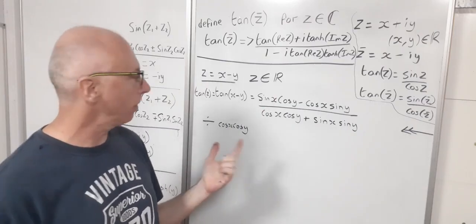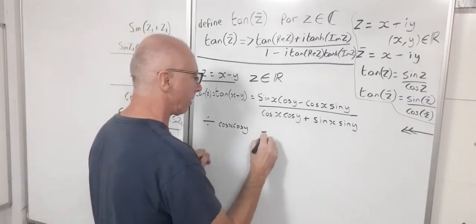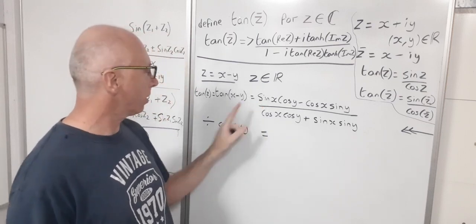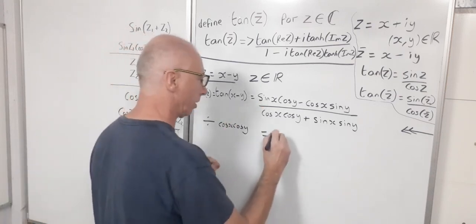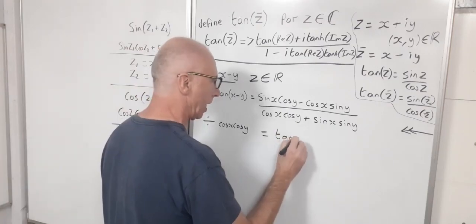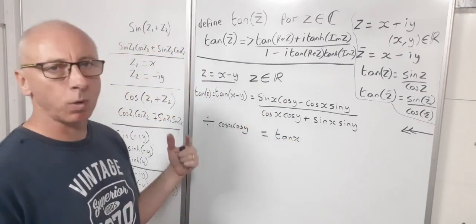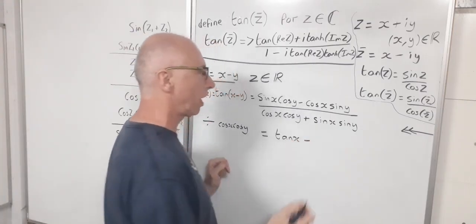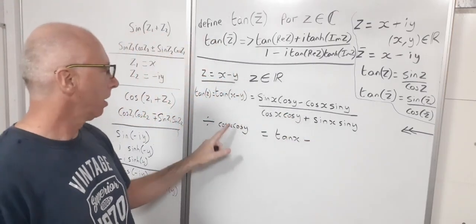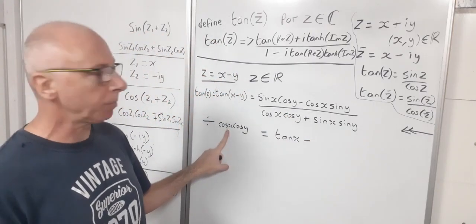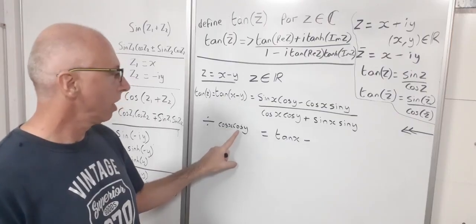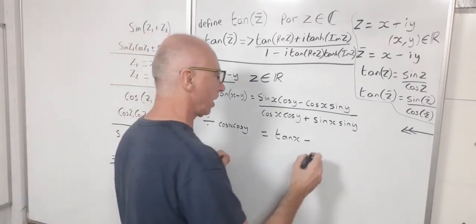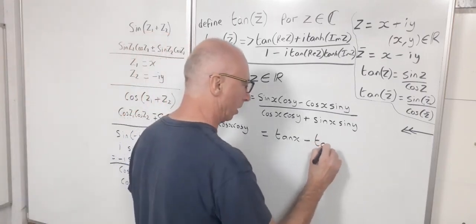We're not changing the value of anything. So now, dividing this by cosine x cosine y, sine x over cosine x, we get tangent x. And then cosine y divided by cosine y, we get 1, so that's just left as nothing to write. Cosine x divided by cosine x, again that becomes a 1, so that can disappear. And then we've got sine y divided by cosine y. So that's going to give me tangent y.